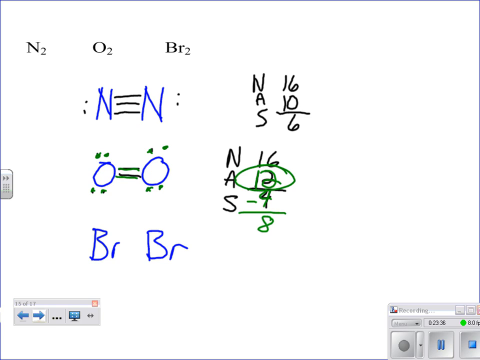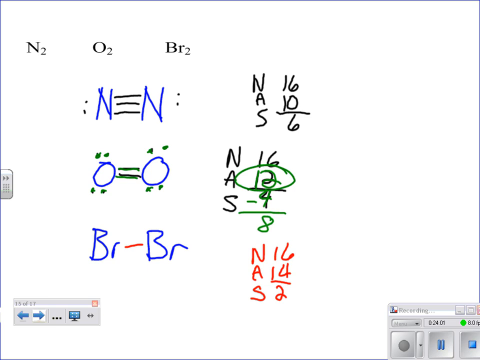Okay, last one with bromine. We have needed, available, and shared. So needed is 16, available is 14. So they will have to share 2 electrons, which means just one, a single bond. How many lone pairs, and think about how I term that, how many lone pairs does each bromine need?